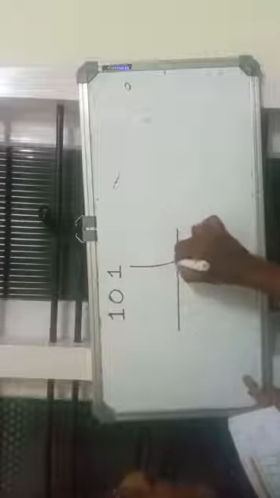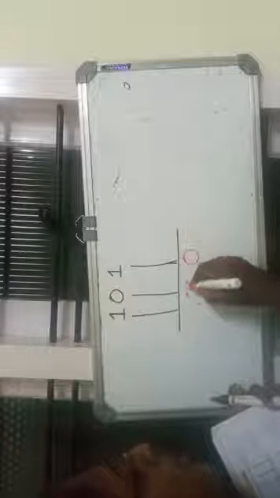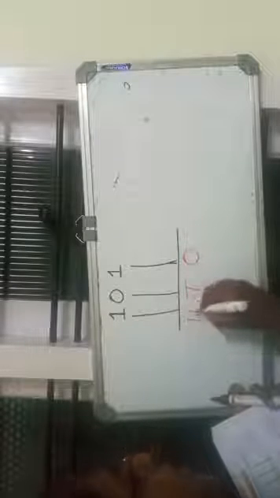So we have to draw 3 spikes on the abacus, and we have to mark ones, tens, hundreds. Then see, here also you write ones, tens, hundreds.